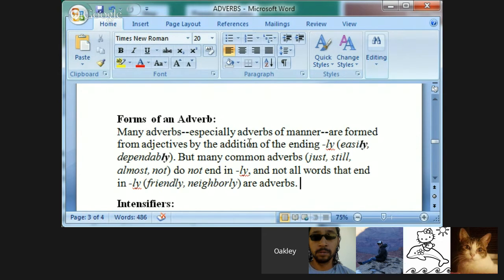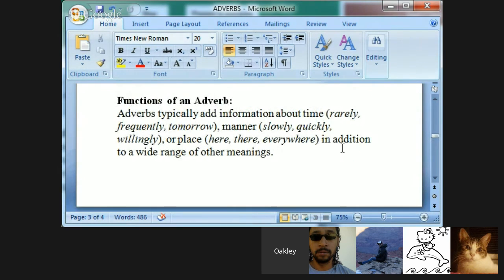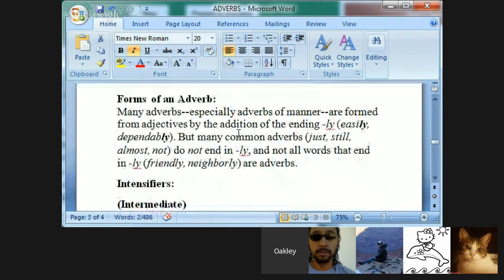Now that we've got some examples, you can think about the different types. Some examples of adverbs: rarely, frequently, slowly, quickly, willingly. Adverbs of place, maybe easily, dependably. Just, still.